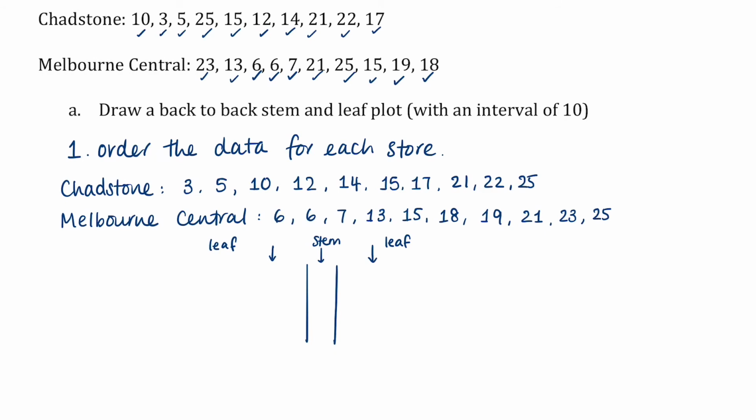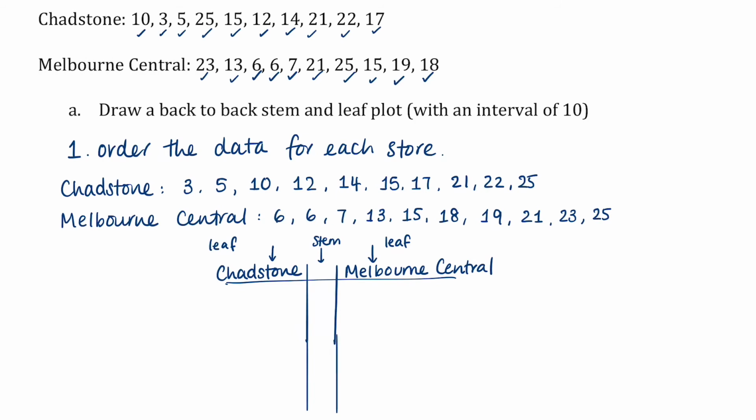So what I'm going to do here is actually put down that the right-hand leaf is going to represent Melbourne Central. And the leaf on the left-hand side is going to represent Chadstone. So this will help anyone looking at our data to know exactly what they're looking at. So I'm just going to lengthen my stem, looking a little bit narrow.